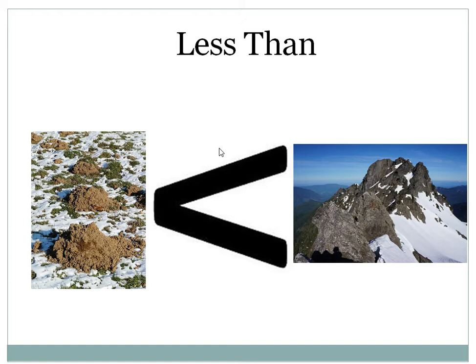Oh, wow. We're comparing it to a mountain. And if you've ever heard the phrase, you're making a mountain out of a molehill, that's kind of where this comparison is coming from. Okay, so again, this is the less than symbol, and the smaller part of the less than symbol is pointing at the smallest part, which is now on the left side, and on the right side is this huge mountain, which is what the huge part of the symbol is pointing at.